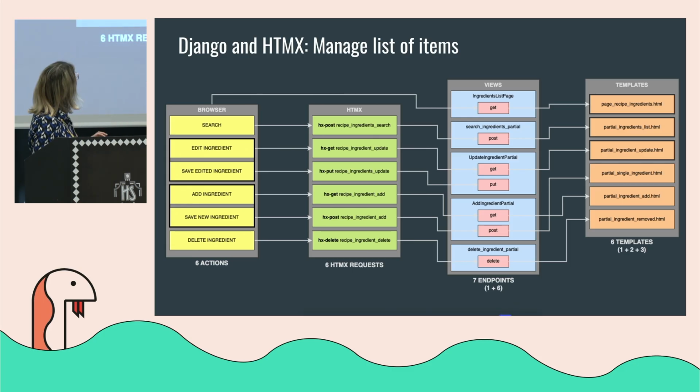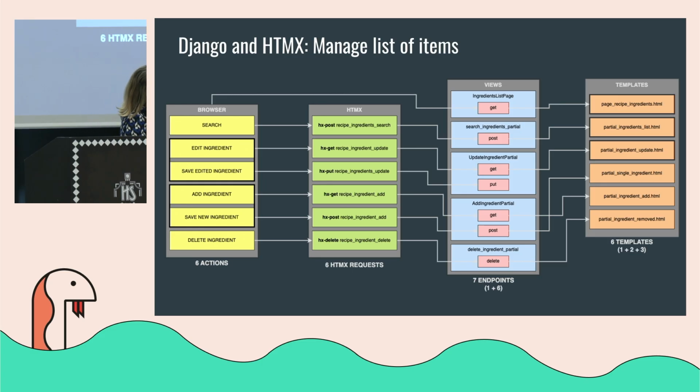However, this has a lot of endpoints. On the left side, there are actions you can perform. So you can search for an ingredient, edit an ingredient, save the ingredient you edited, add a new ingredient, and delete the ingredient. Search has a single HTMX request, which is hx-post to recipe ingredient search.